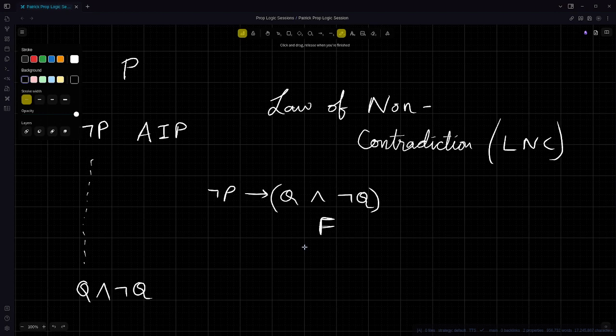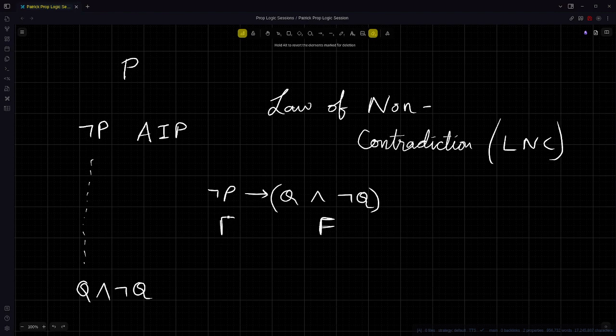So we said it needs to be false. Yeah, but why? Because if it's true, then it will be false because that's the one condition where an implication is false. Exactly.